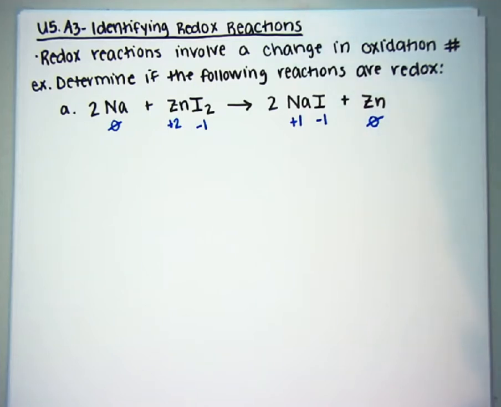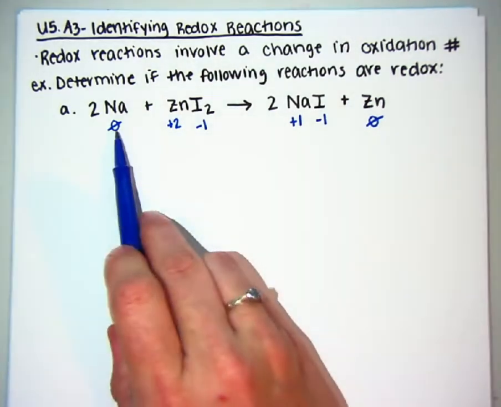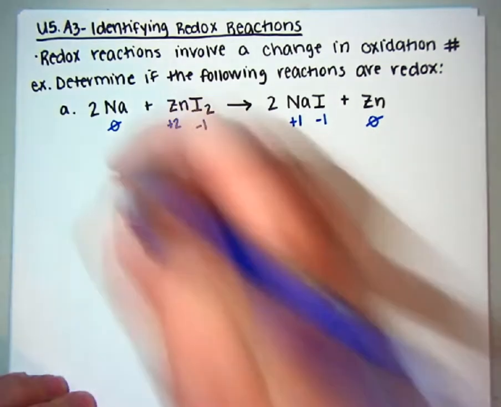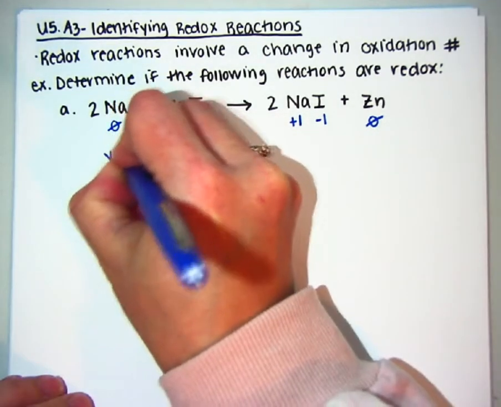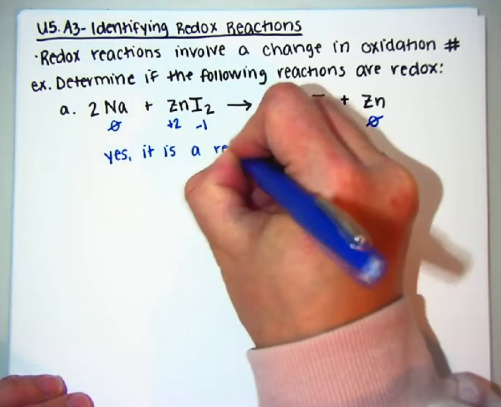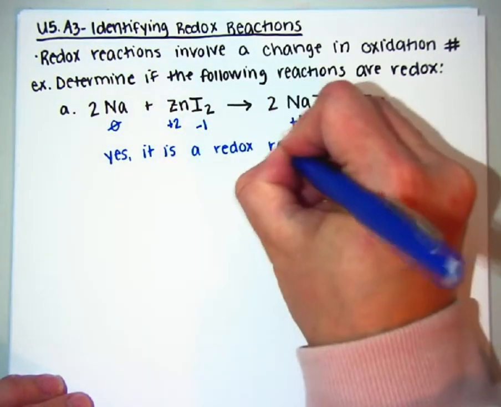So now we want to compare our oxidation numbers and look for a change. So I see that sodium has a change in oxidation number, and also zinc has a change in oxidation number. So yes, it is a redox reaction.